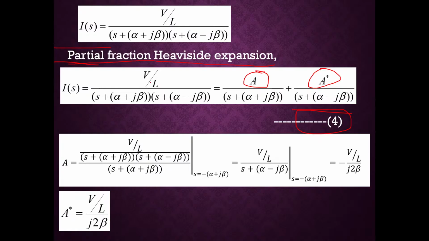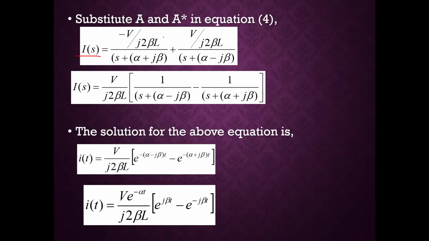Let me check. Yes, L is there. V by L divided by 2j beta. I have multiplied L with beta here, so that's why.